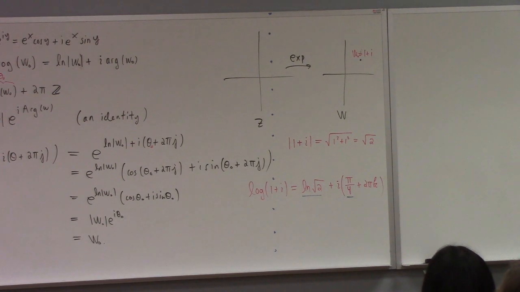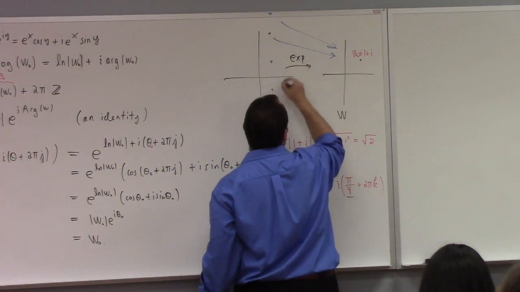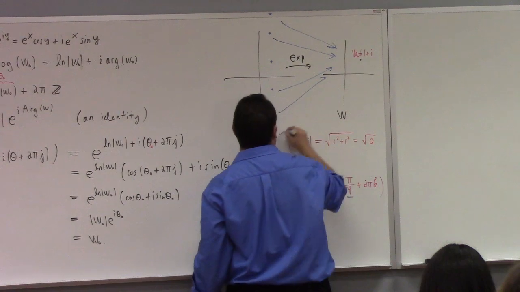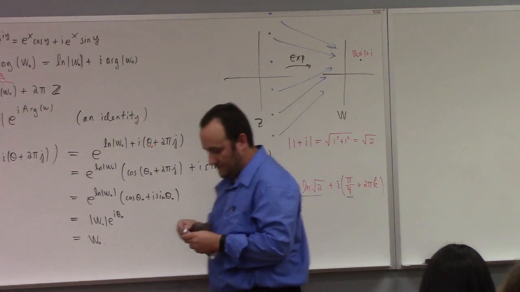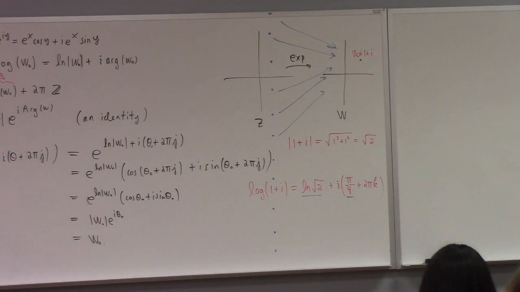Infinite set of points. And they're all mapping to that one, w naught. Right? So the complex exponential is not just 1 to 1, it's infinity to 1. All right? There's infinitely many points mapping to that one point.